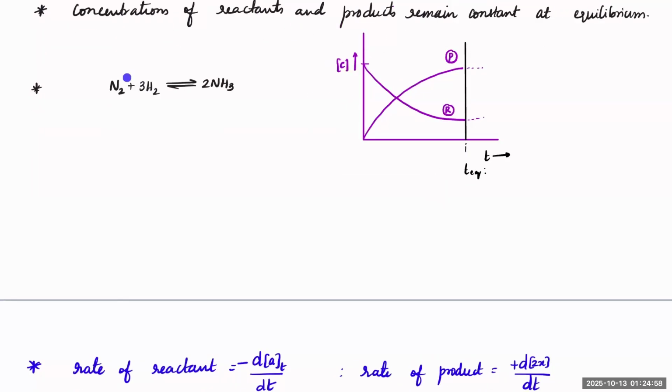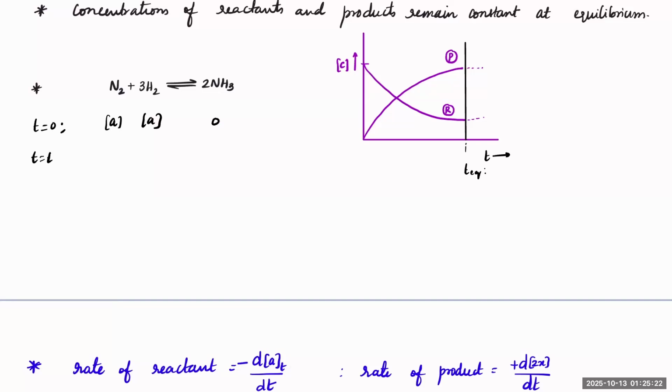Notice if you have N2 plus 3H2 giving 2 moles of NH3 at T equal to 0, this is the algorithm which we will be writing always. That is the initial time, there is concentration, let's say a concentration of nitrogen and a concentration of hydrogen, and there is nothing, so 0 of ammonia initially.